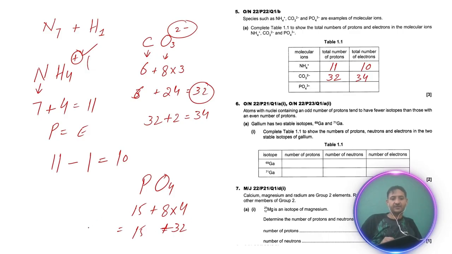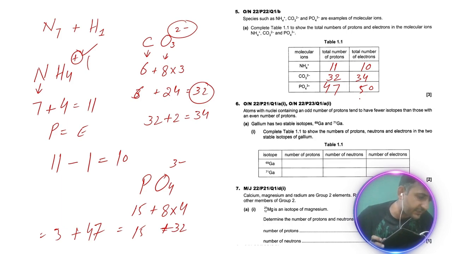So the total number of protons is 47. Phosphate has a 3 negative charge, so add 3 electrons to 47. There are 50. I hope you got this answer.